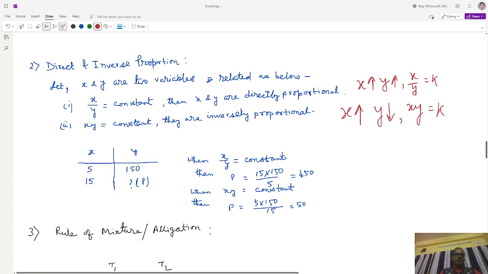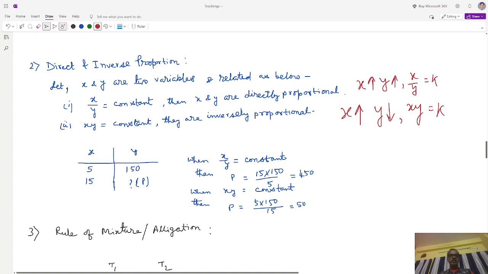Now, x and y are two variables. The value of x is 5 when the value of y is 150, and the value of x is 15. We have to find out the value of y in this respect. So, first of all, we have to judge the relation between x and y. If x by y is constant, then x and y are directly proportional.